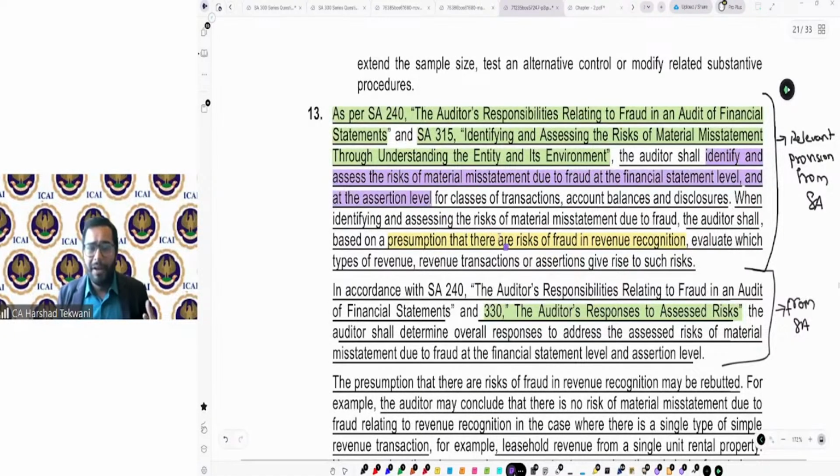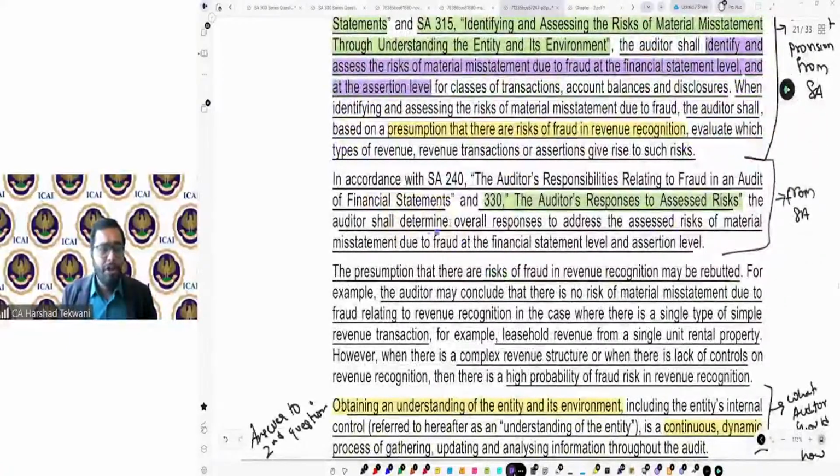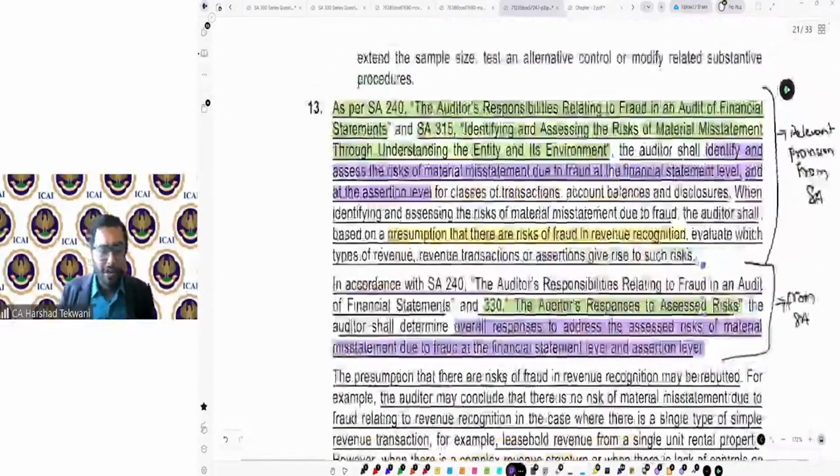We have seen this multiple times because that is the crux of SA 315, the base that we need to understand. SA 330 says that the auditor shall determine overall responses to address the assessed risk of material misstatement due to fraud at the financial statement and assertion level.